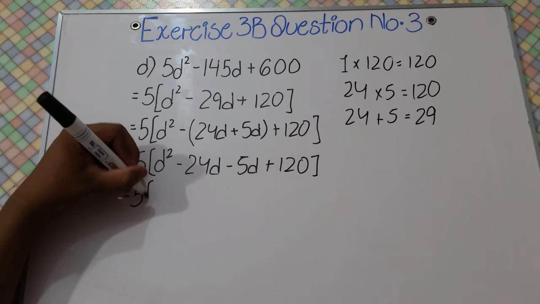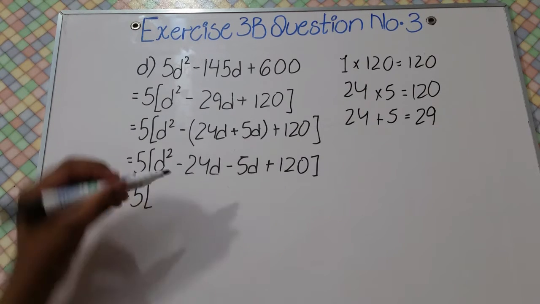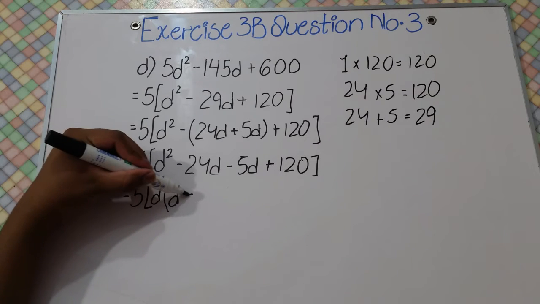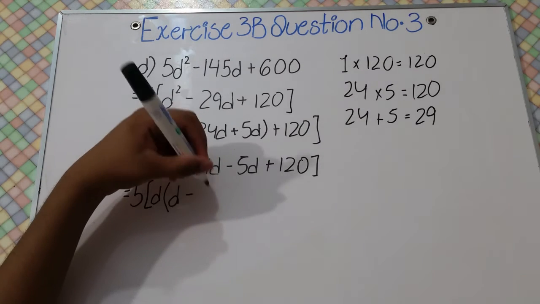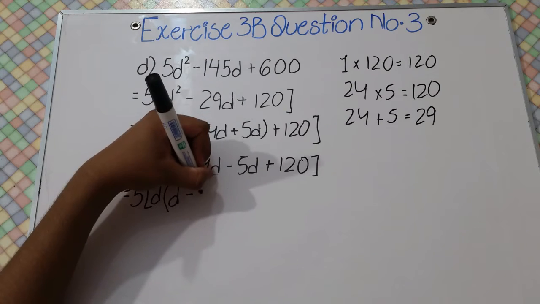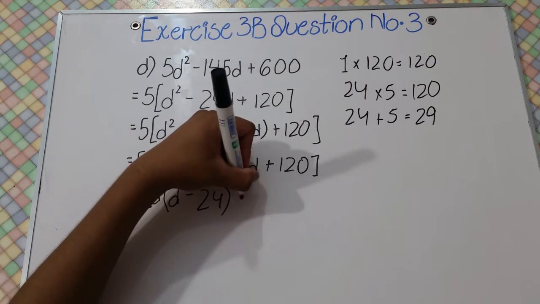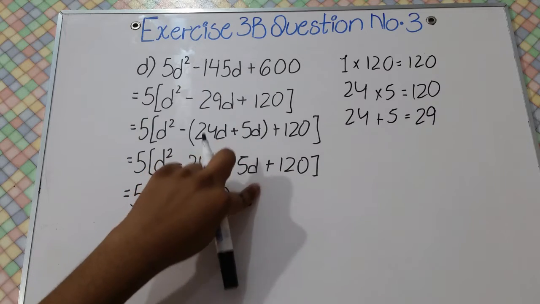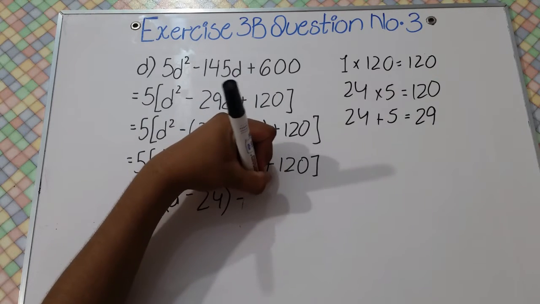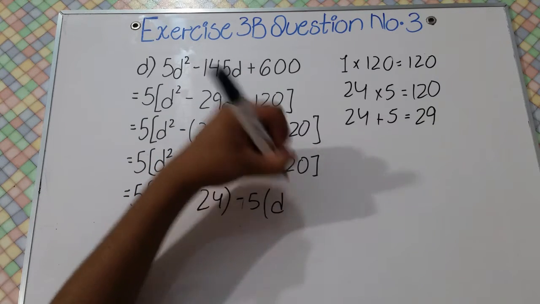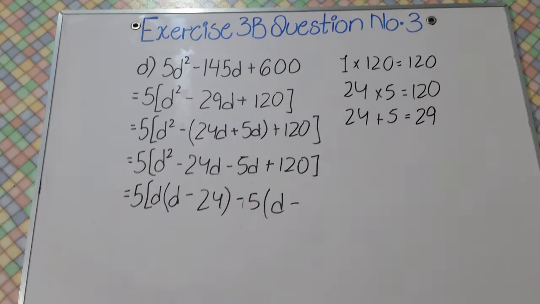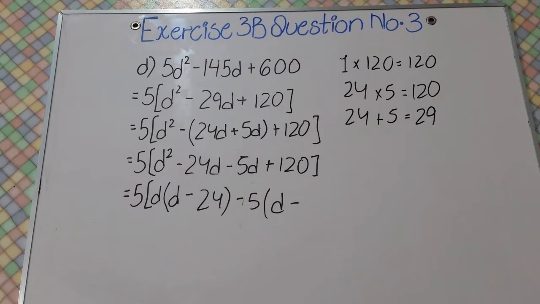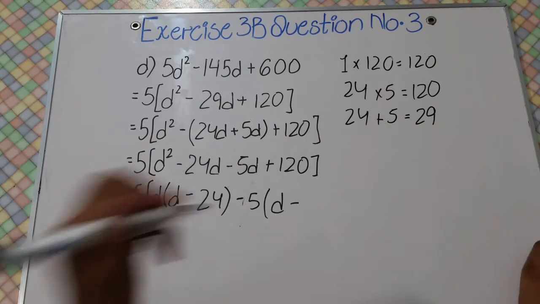In the brackets, over here d is common, so d and d minus 24. Yes. Then minus 5, d minus plus minus. So if I multiply 5 with 24, it is 120, you can see.